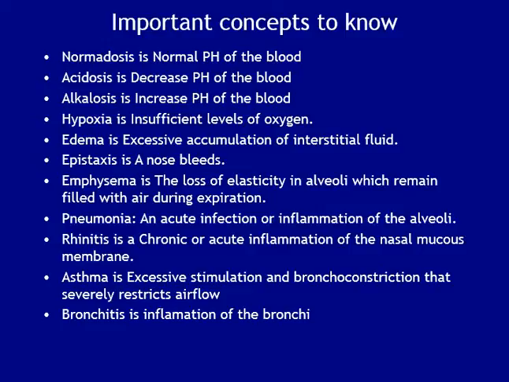Bronchiolitis. What's asthma? It is excessive stimulation and bronchoconstriction. That's enough to restrict the airway. You can't say asthma is bronchoconstriction. No, that's not true. Bronchoconstriction is bronchoconstriction. But if this bronchoconstriction is excessive stimulation, and it goes to the extent of severe restriction of the airflow, severe restriction.